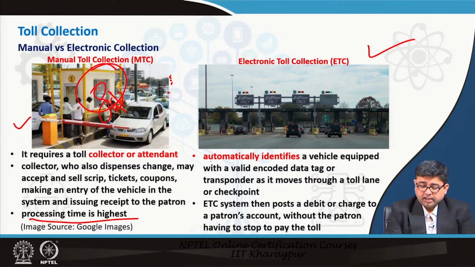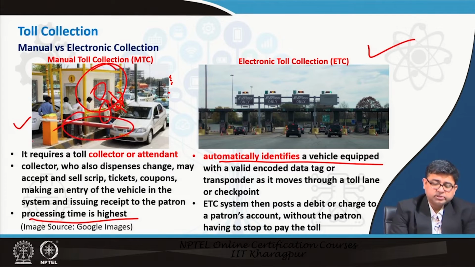However, what electronic toll collection allows you to do is automatically identify the vehicle, and the vehicle has a tag attached to it, and the tag is connected to the individual driver's bank account, and once the tag is identified and the vehicle is identified, then automatically the amount of money is deducted from the tag, and you almost do not even have to stop at the toll plaza. There are no boom barriers or anything.